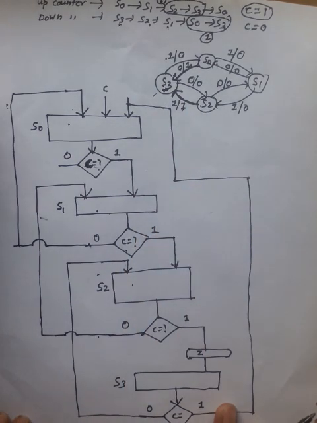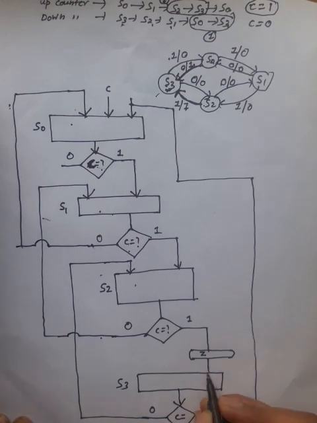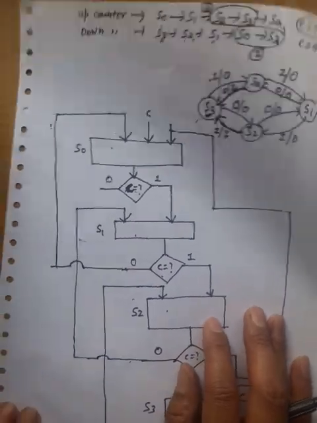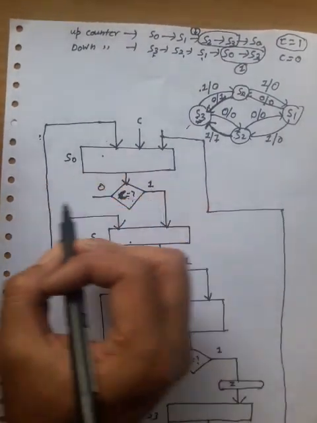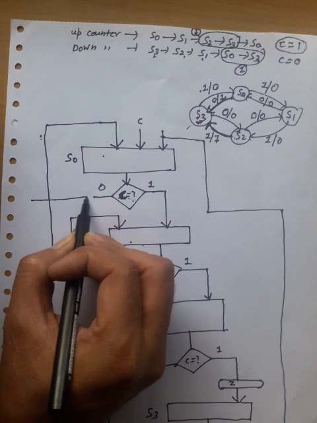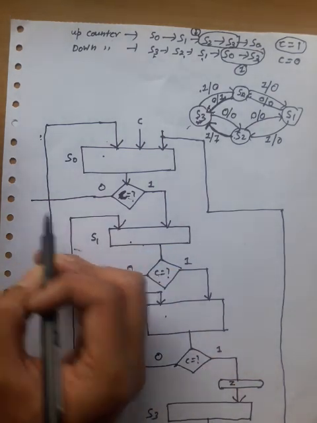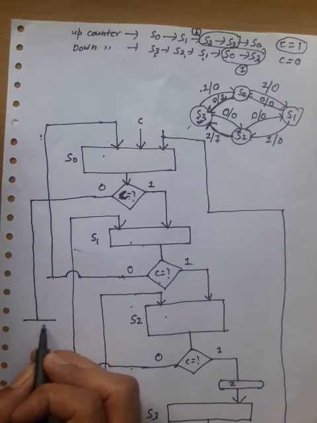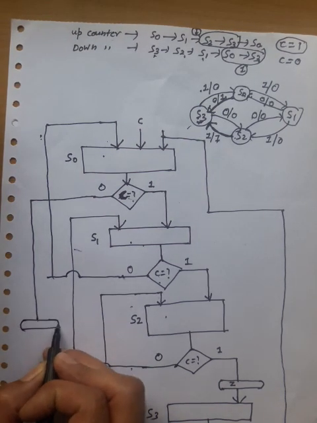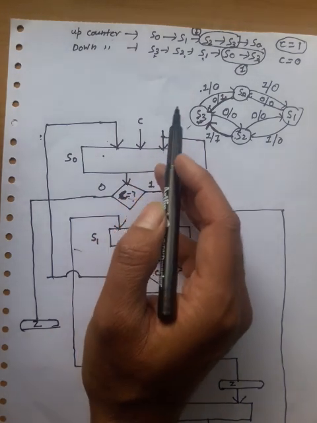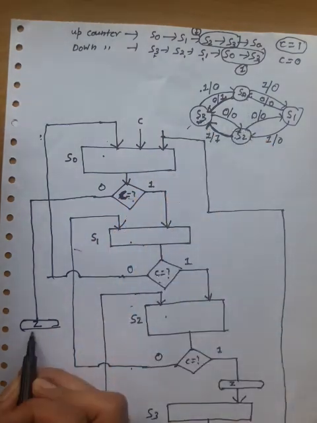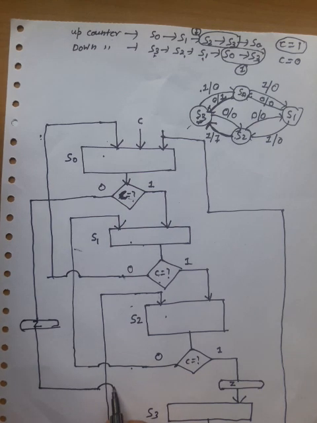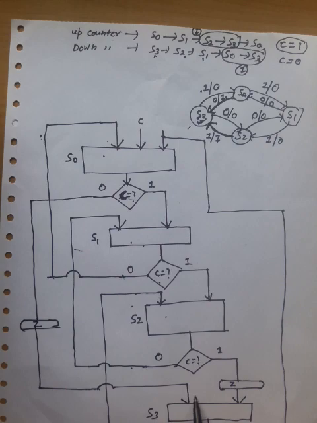So I will use a Mealy box for this, just write down Z, and from S0 it is going to S3.